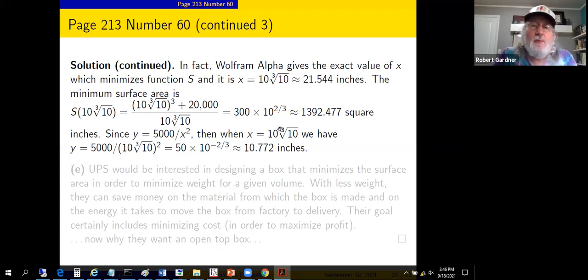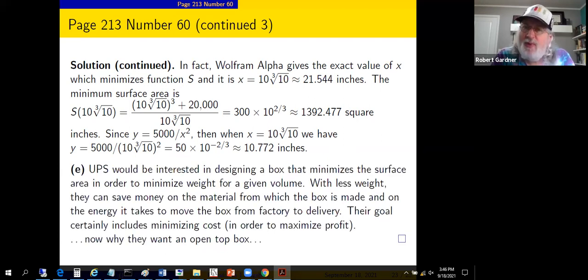We can also, based on that x value, find the associated y value. I've given all of these values precisely, and then numerical approximations to three decimal places. So inches for x and y, and square inches for the surface area.